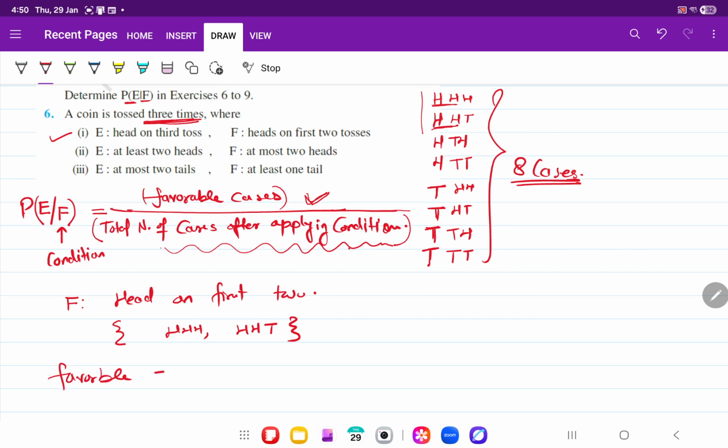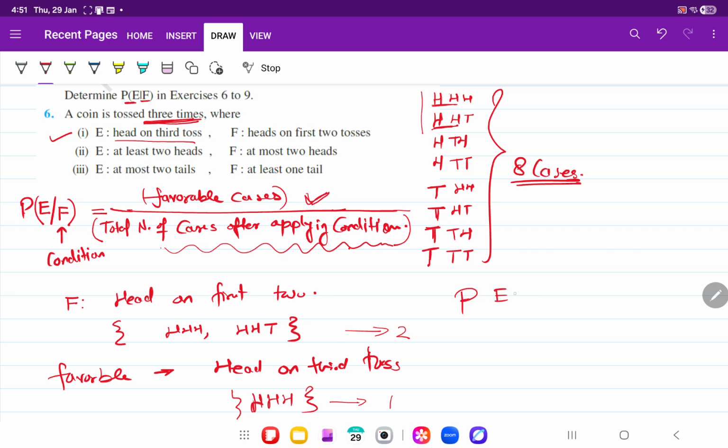Favorable is where E is a head on the third toss. Correct. So which one is favorable? You tell me. Only this one is favorable, yes or no? So what will be the conditional probability? Favorable which is 1, divided by total which is 2. So probability of E when F has happened is 1 out of 2.